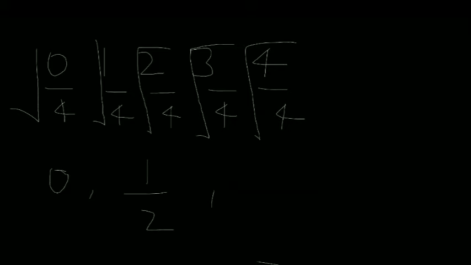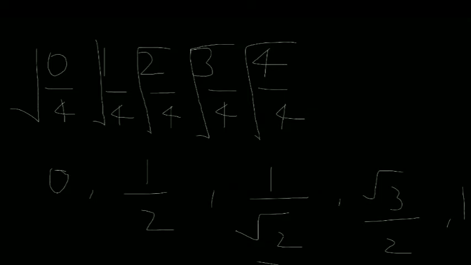Under root of 1 upon 4 is 1 upon 2, and the third one is root of 2 upon 4, that is 1 upon root 2. Then root of 3 upon 4 is root 3 upon 2, and 4 upon 4 means 1.